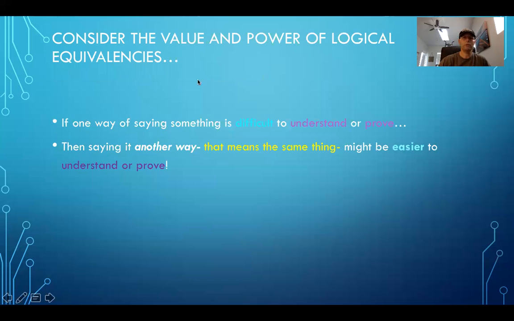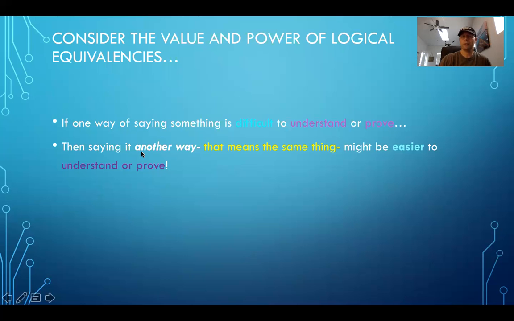What that means, though, too, this is the power that you have. You have the same power. So we might say something and it might be difficult to understand. It might be difficult to prove. So we have now a way of saying it differently. The contrapositive is a different way of saying something that's equivalent.